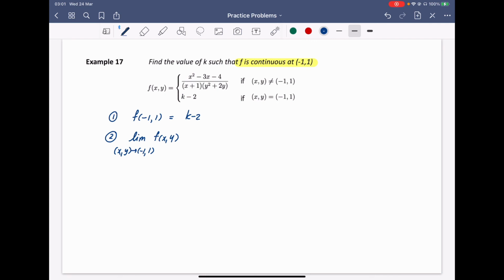All right, so let's compute the limit first. So how do you compute the limit of this thing? Maybe you try to plug in the number first. Well, if you try to plug in into this function, what happened? You're going to get 0 over 0 again.